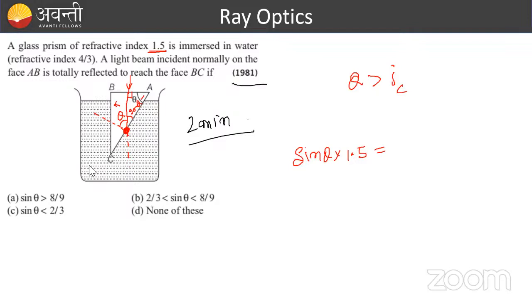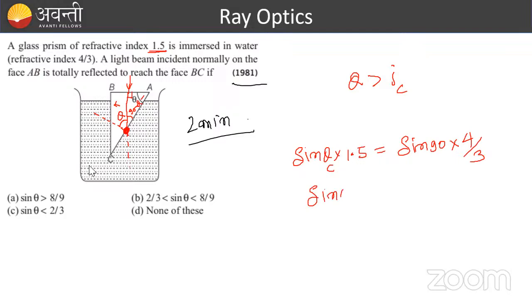Let's calculate the critical angle. So sin theta c into 1.5 will be equal to sin 90. I'm just calculating the critical angle, and the refractive index of the medium outside is 4 by 3.